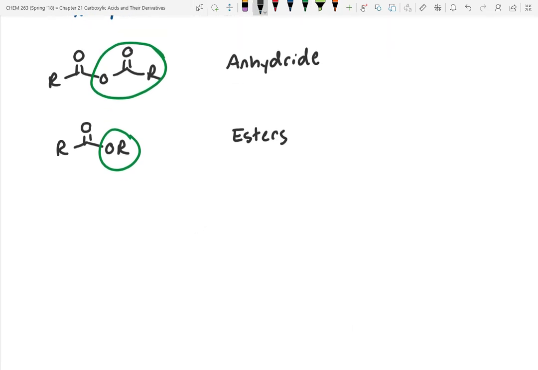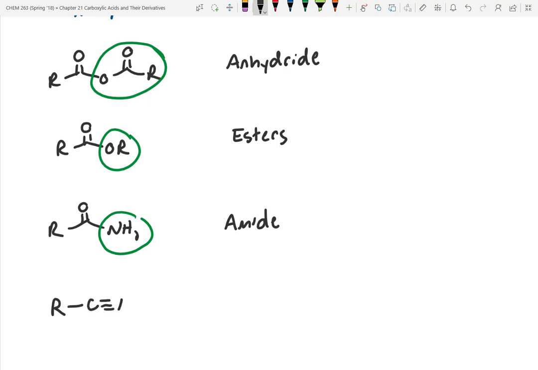After that, we've got a slightly less electron withdrawing group, the nitrogen derivative. This could be any amide. And then last but not least is the oddball that doesn't really fit the other trend, but these are called nitriles.